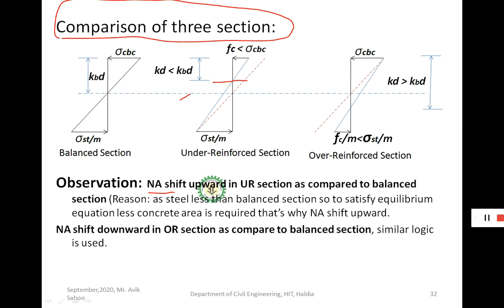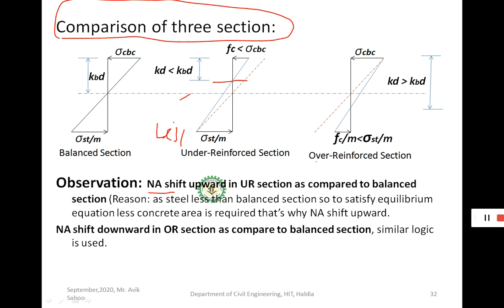Because in the under-reinforced section, we are using less steel than the balanced section. So automatically less concrete area is also required to equilibrate the section. So that's why this axis is shifted upward.